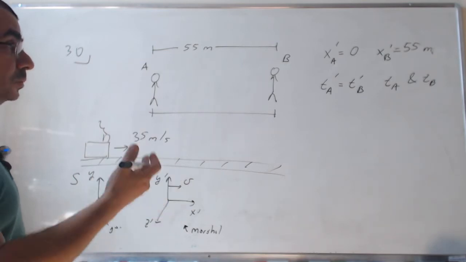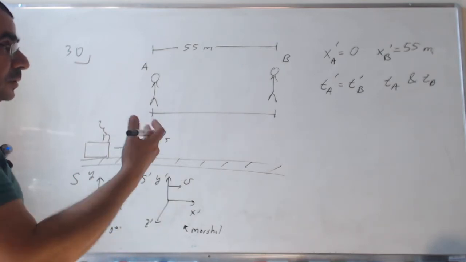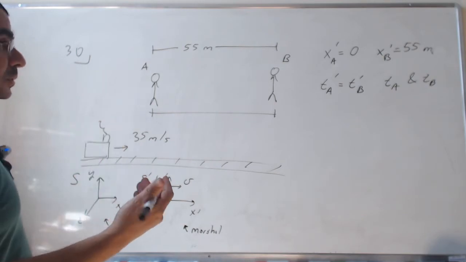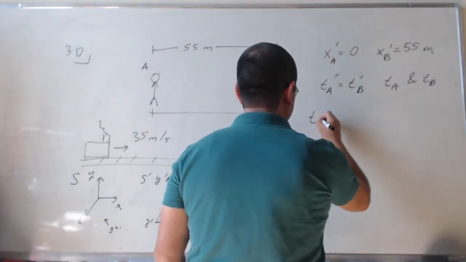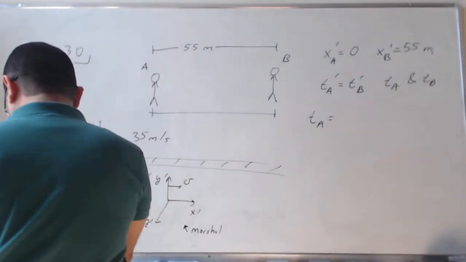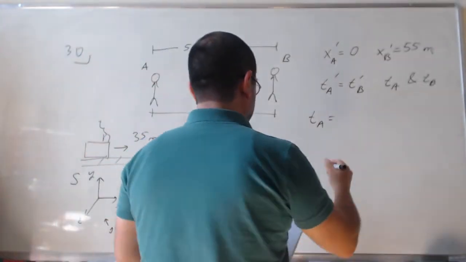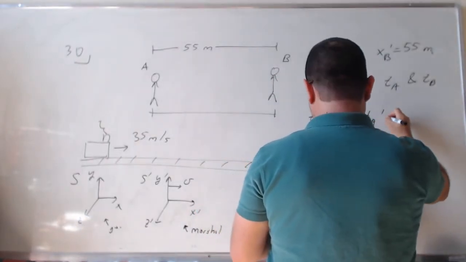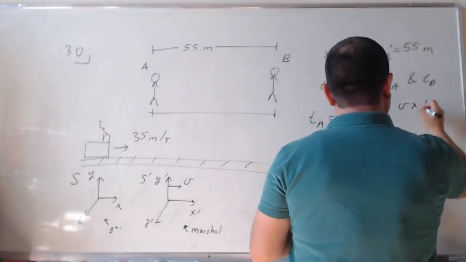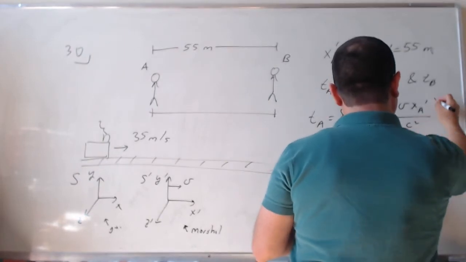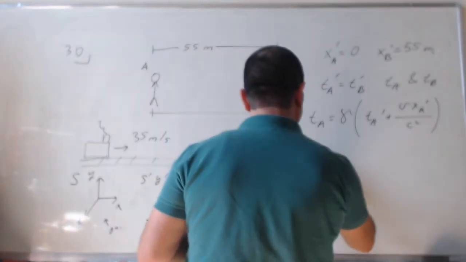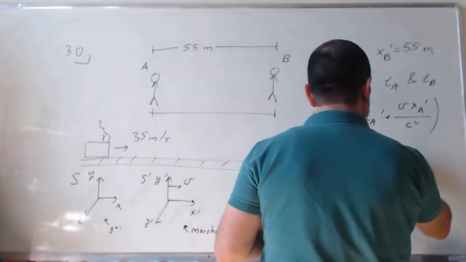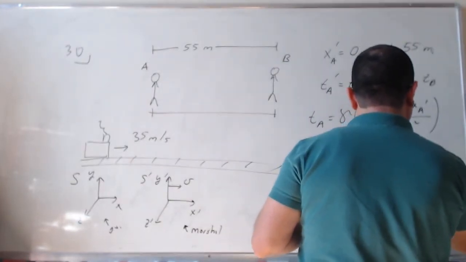To do that, what we need to do is write down the expressions for these, which are actually in the book, and just make a simple subtraction. So TA is just gamma times TA prime plus V XA prime divided by C squared, and similarly TB is just gamma times TB prime plus V XB prime over C squared.